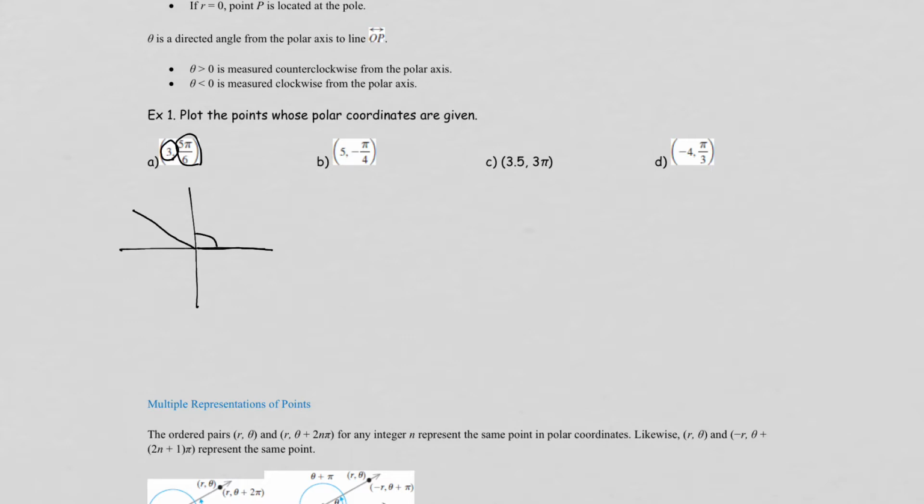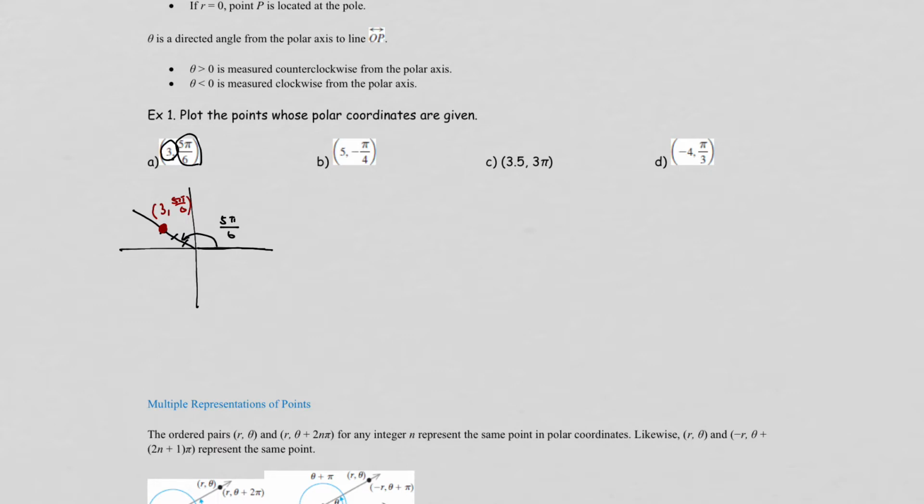Let's say this is 5 pi over 6 angle, right? And from that angle, you go 3. So it'll be 1, 2, 3. This point is in the second quadrant, so that point is called (3, 5 pi over 6) in polar coordinates.